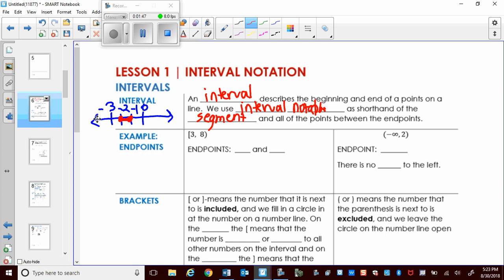So for this particular segment between -2 and -1, I would describe it as hard bracket, -2, -1. But how do you know whether or not to use parentheses or hard brackets? Well, first, let's examine what endpoints are when we're given an interval in interval notation.